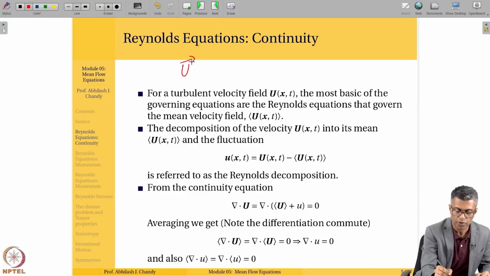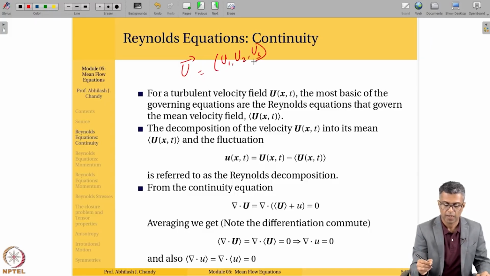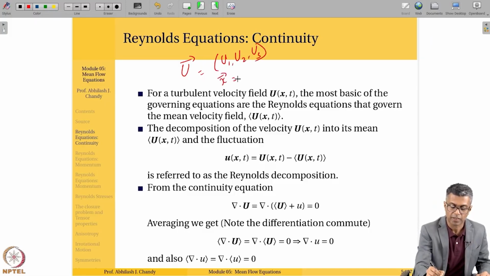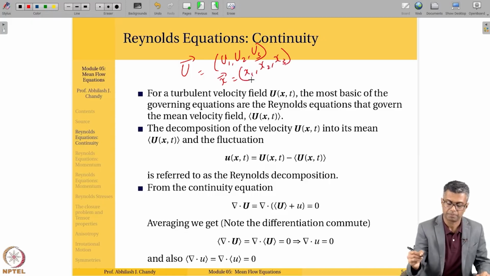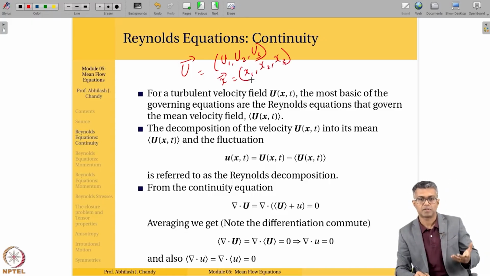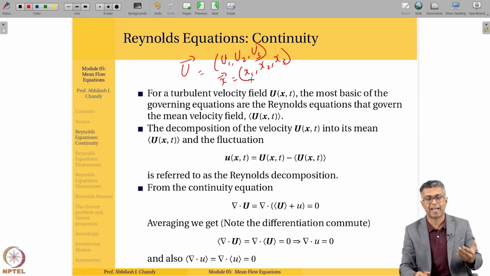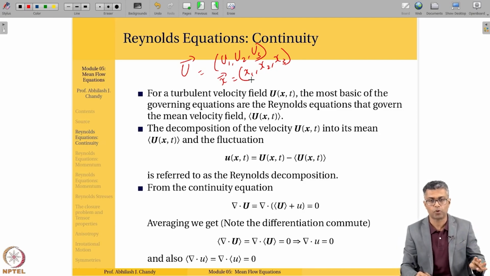So I have my u as u1, u2, u3. These are all instantaneous. And x, the position vector, as x1, x2, and x3. And since it depends on time as well, it's technically a 4D variable.